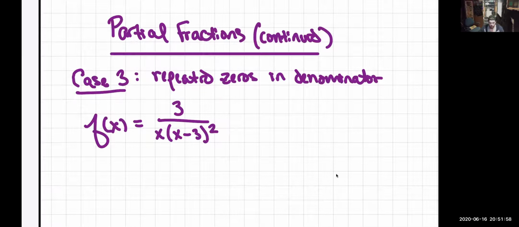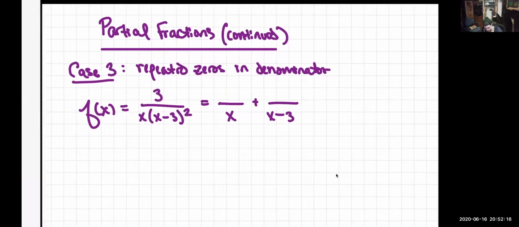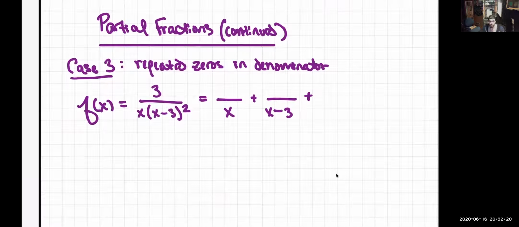minus 3 squared term. The really easy way to deal with this is we're going to expand about both zeros in terms of x minus 3, the multiplicity of both zeros. So we're going to have a denominator of x in our expansion, a denominator of x minus 3 in our expansion, and to account for the multiplicity of this zero, this factor of x minus 3, we're also going to include a factor of x minus 3 squared.